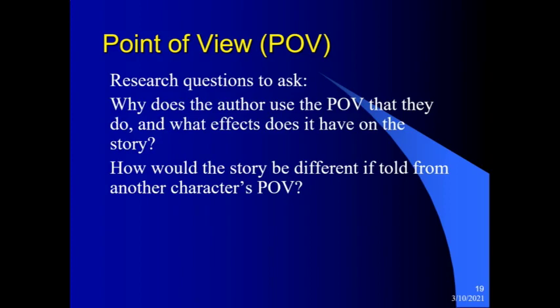Or if it's told from the viewpoint of multiple characters, how might it be different if each of the character stories is told in first person? And how would the story be different if told from another character's point of view? For example, if you were telling the story of The Masque of the Red Death from the character of Death's point of view, what would that be like? What would that even look like?